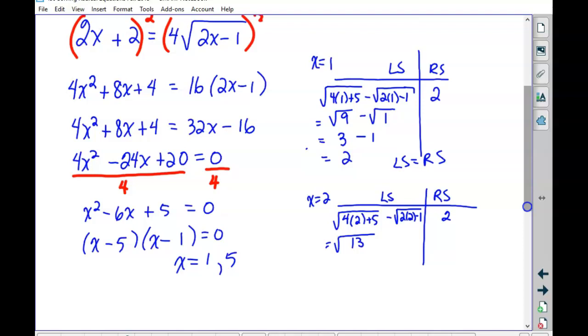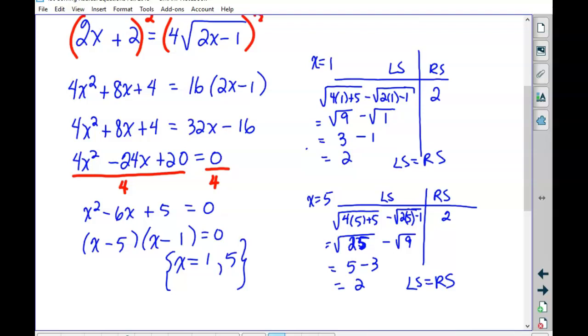Oh, I put in 2. It's 5. So that's 25. Okay, and that one works. So those are your solutions.